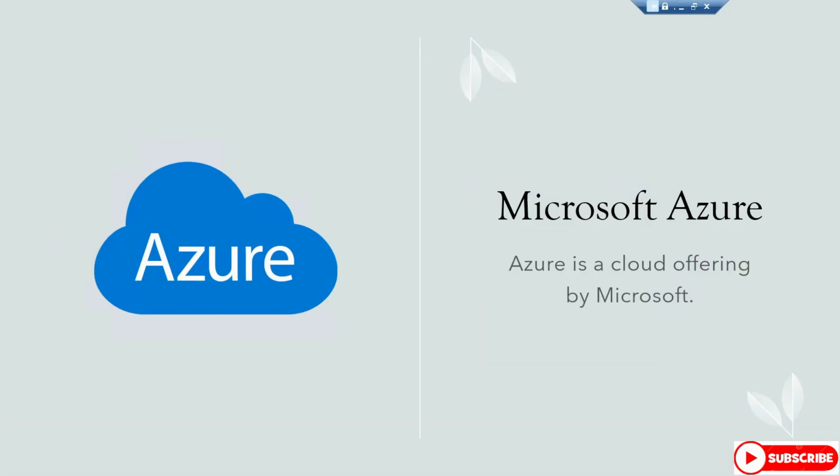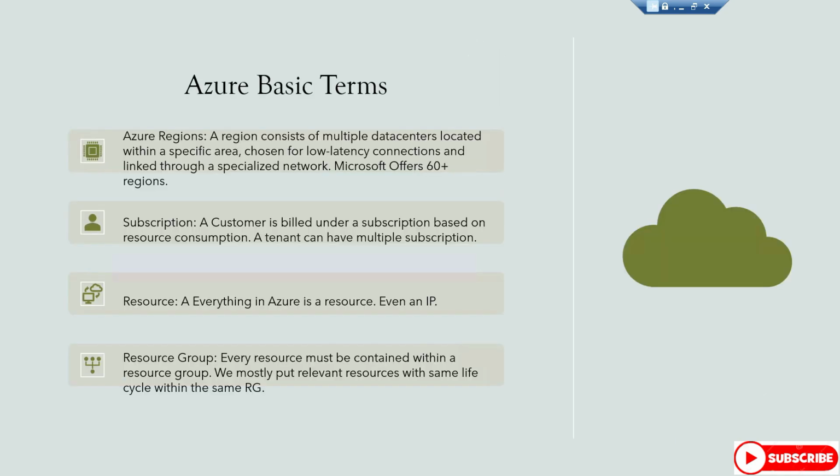Let us get familiar with some basic terminologies with Azure. We need to know at least these basic terms to get started. Let's start with Azure Regions. A region is nothing but a collection of data centers located in a specific area. Suppose I am in India.